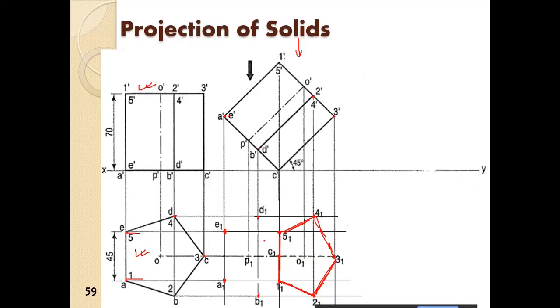Now if you observe, if you see from the top, you will see this edge definitely, and you will see this edge, but you will not see these two edges when you see from the top, so this will be hidden, out of sight.